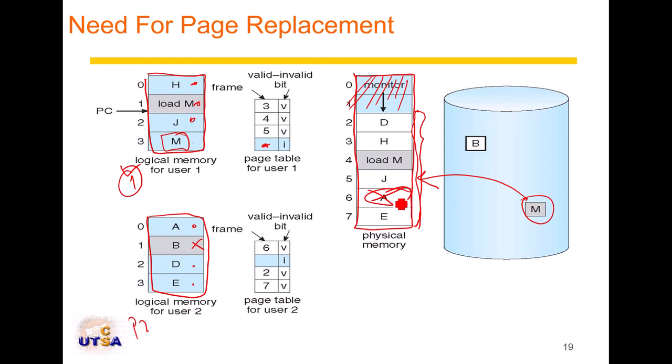We can write this one back if it was changed, right? Then we can bring that page in, and accordingly update the table to say that it's now valid. Since I'm throwing that one away, this one will be invalid. The operating system will make these changes in the page tables, and then we restart this program. Now when it tries to access some data here, the page is valid, so we can go ahead and access the information.